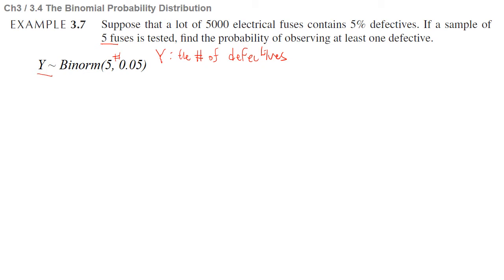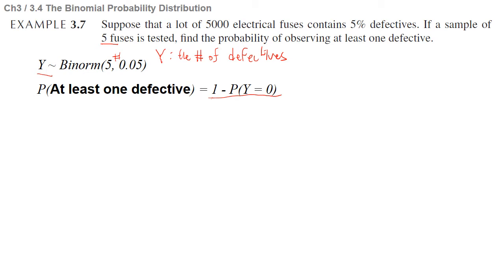And the probability you are interested in is the probability of at least one defective. So at least one defective means that it is 1 minus no defectives. If you know the probability of no defectives, then you can find the probability of having at least one defective this way.